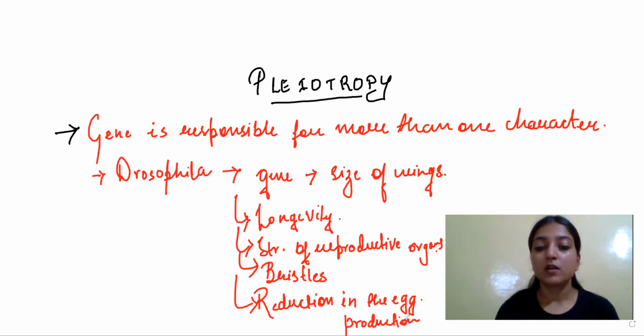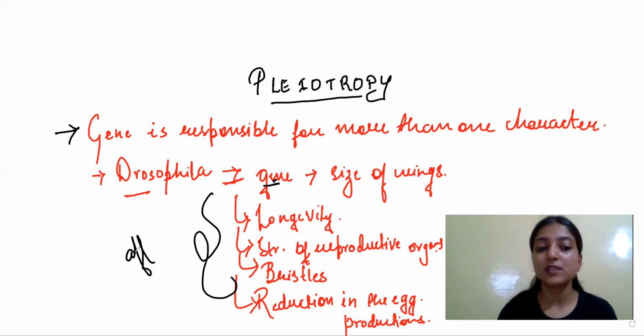Here we are taking the example of Drosophila. The gene which is responsible for the size of the wings also influences or affects other characters like longevity, structure of reproductive organs, bristles, and reduction in egg production. Now, this affection rate is not equal.